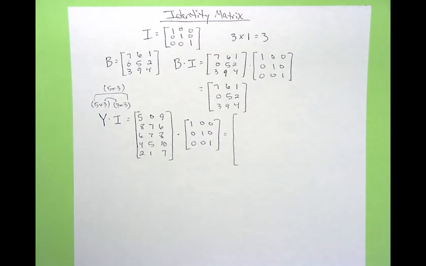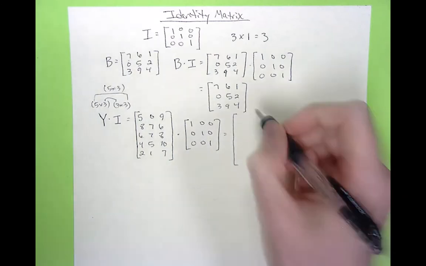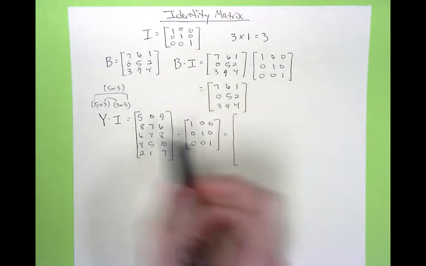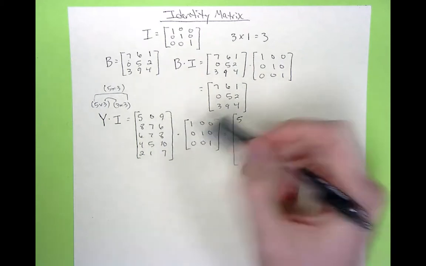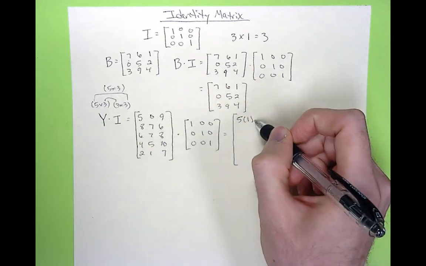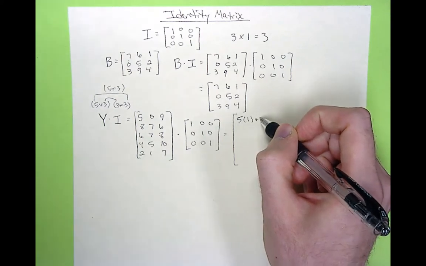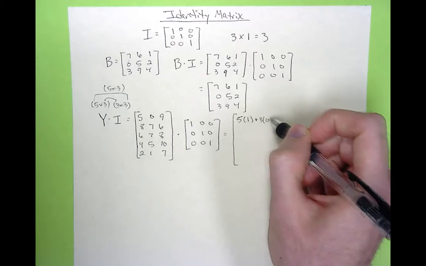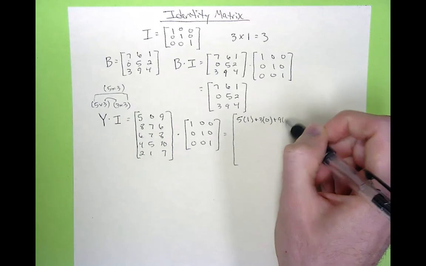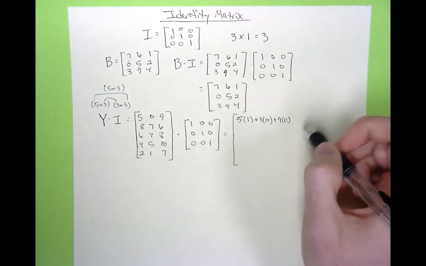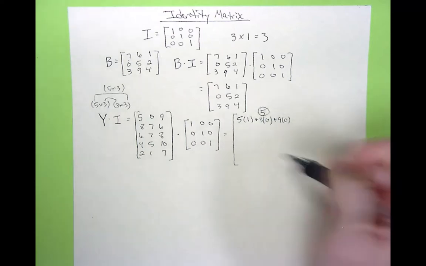So I'll show you by hand just the first one. Remember in matrix multiplication, we take the first number in the first row times the first number in the first column. So 5 times 1, we're going to add that to the second number times the second number in the first column, times 0, plus 9 times 0. And we add that together, we actually get 5.